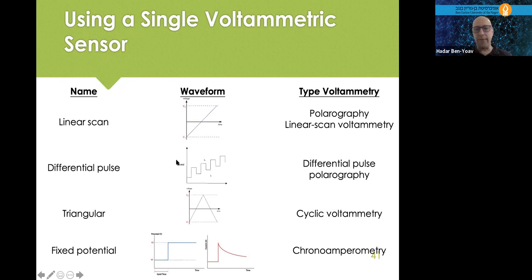For example, we apply the potential over time and measure the current, such as in linear scan voltammetry, or we use chronoamperometry, where you apply a fixed potential and measure the current. These two kinds of techniques will also contribute to the variability in the signal. And remember, we want to increase the variability between the sensors, because then it will give us more information about what we have inside.